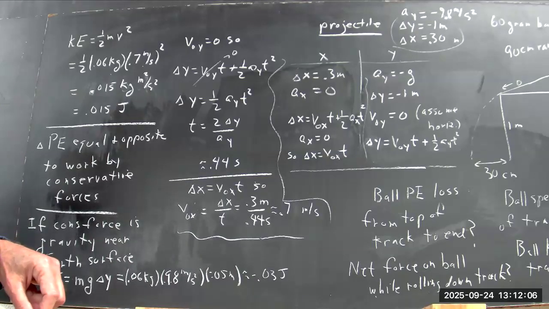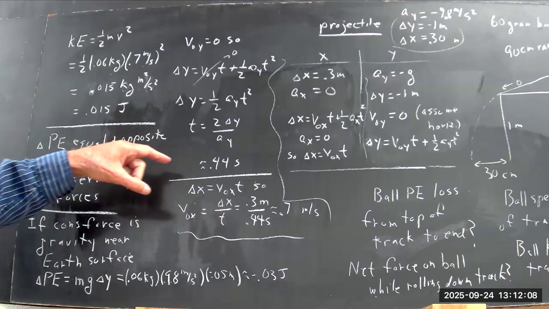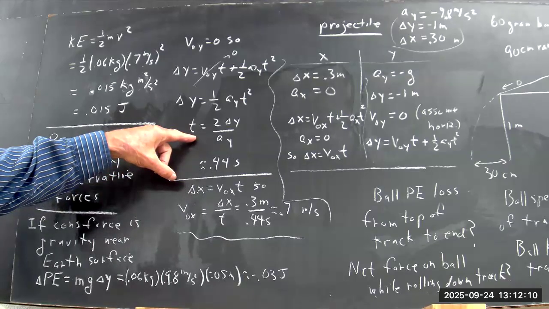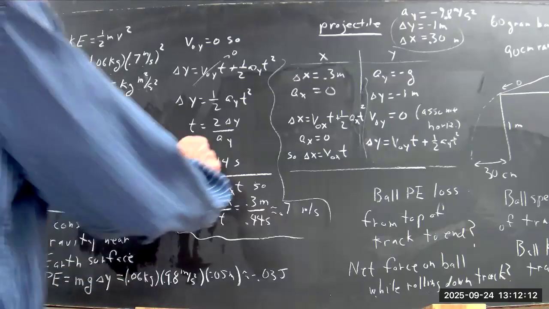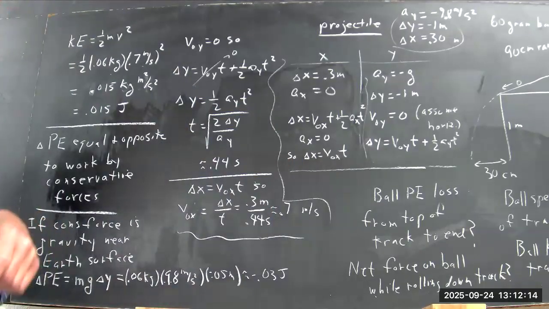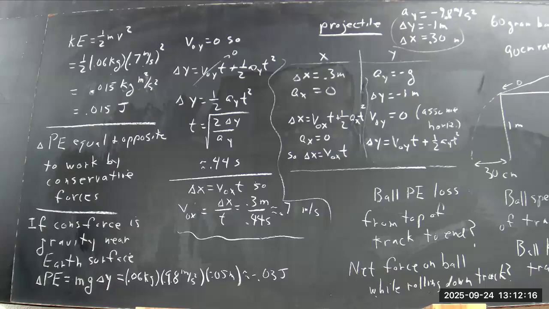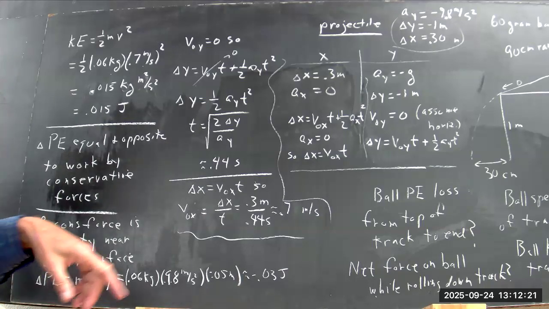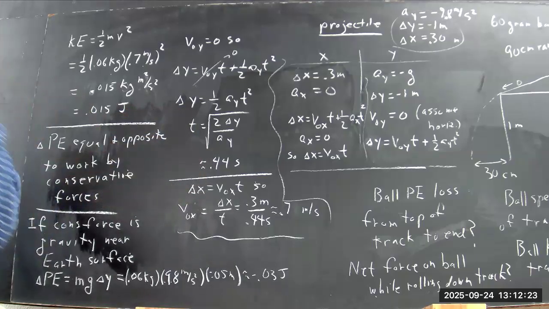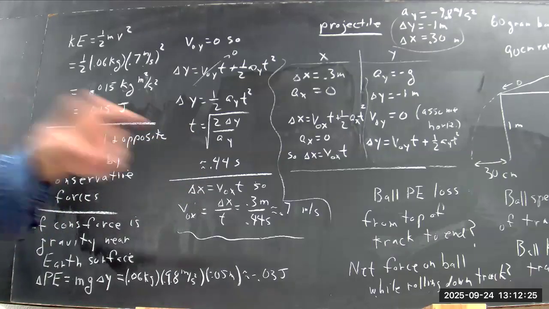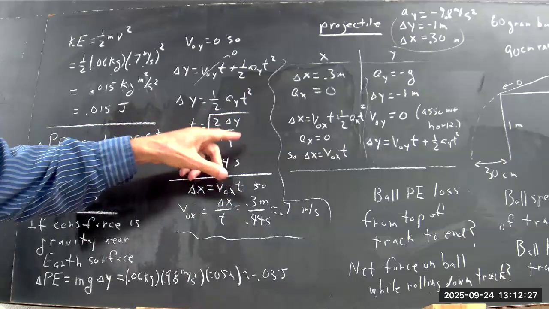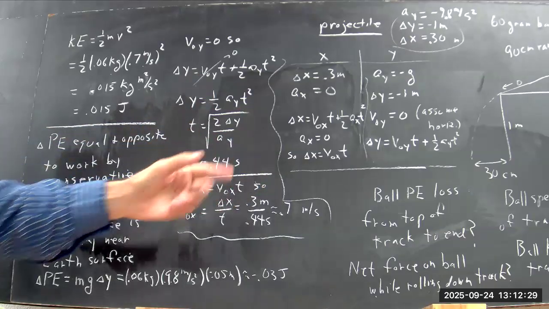That's got a square root in it. Okay. If I'd have done the calculations without the square root, I would have caught the fact that I'm getting seconds squared out of that, not seconds.